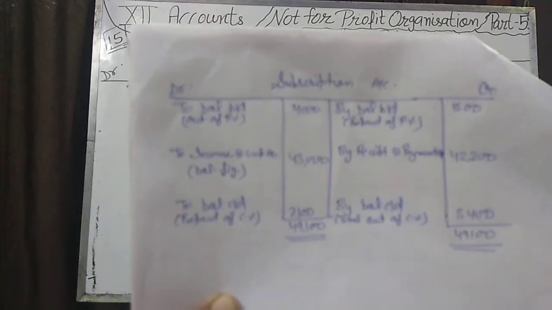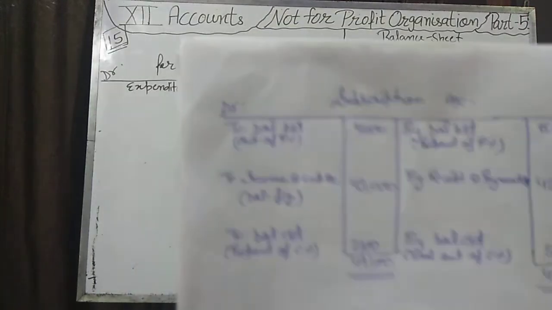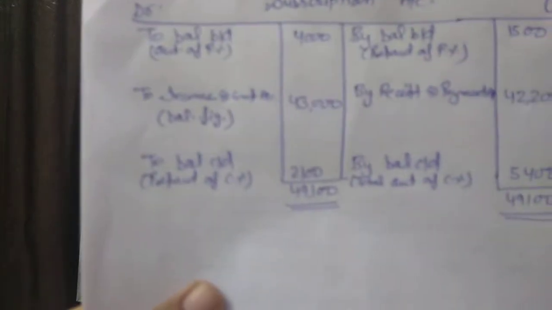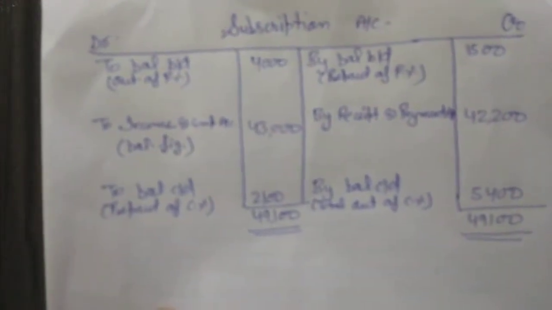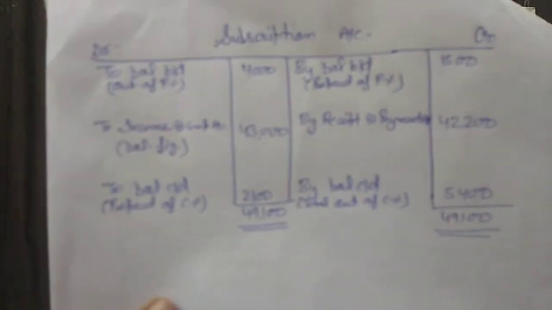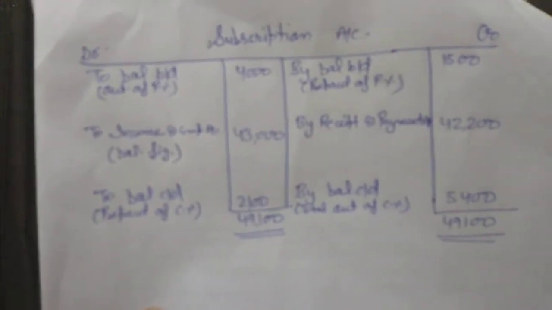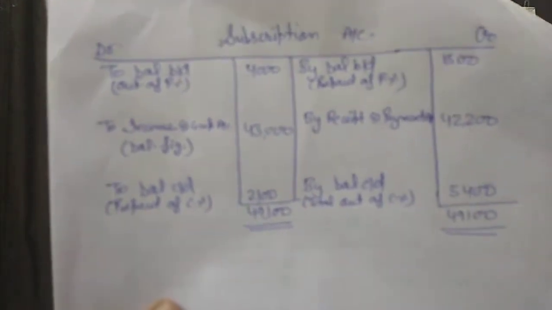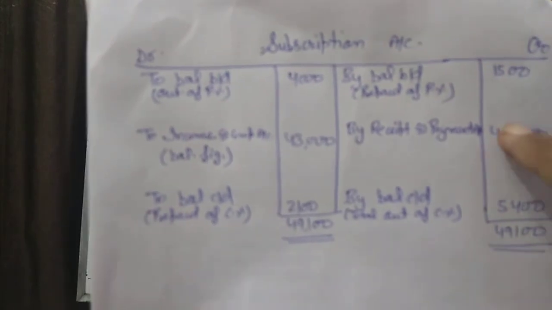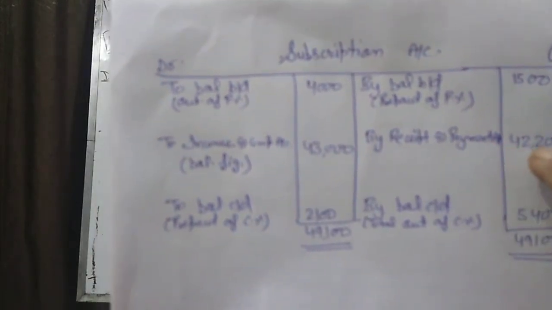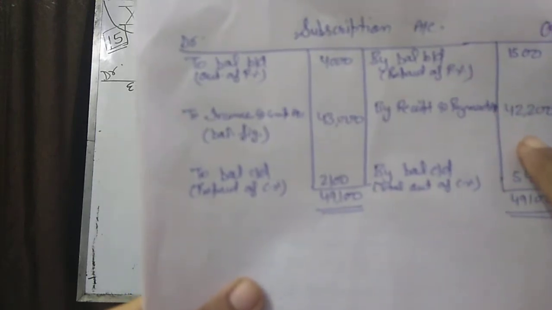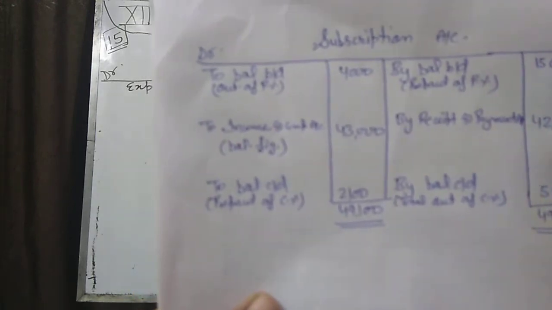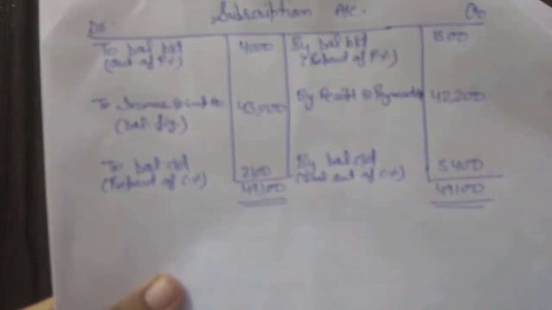Total means if any outstanding subscription is there of previous year, that will also be included in this. We have to write total outstanding subscription. And on the credit side we will write the amount given in the receipt and payment account. In the receipt and payment account 42,200 is given, that we will write.